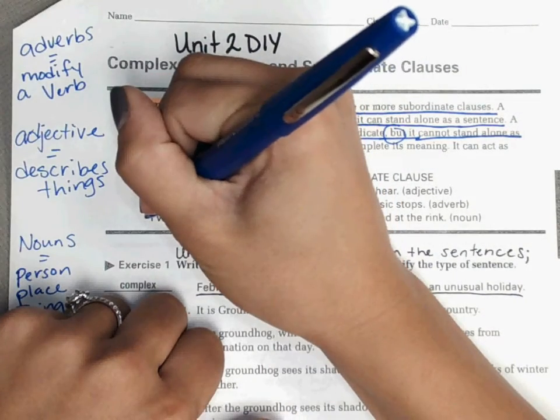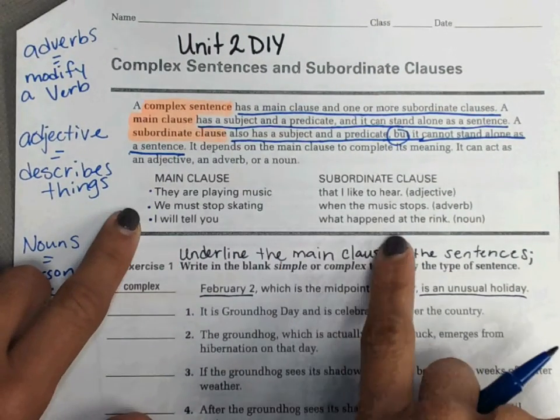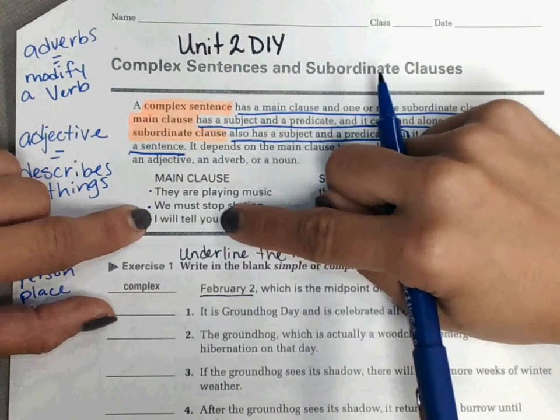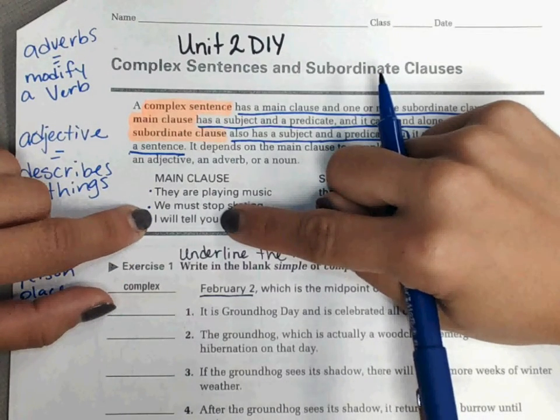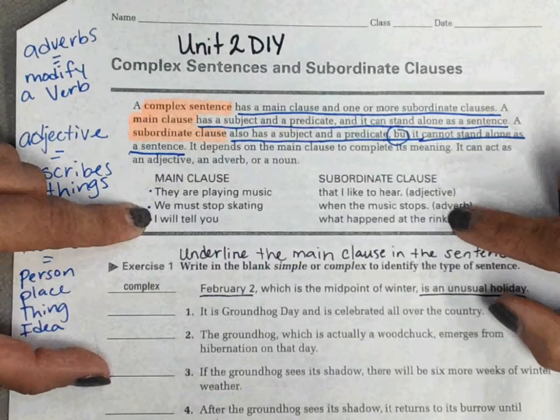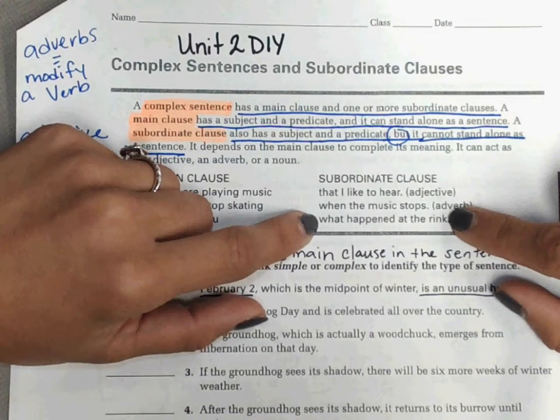Now let's look at our third example. It says, I will tell you what happened at the rink. If we look at this first part, the main clause, it says, I will tell you, and it can stand alone as a simple sentence. If we look at the second half, and only the second half, it says, what happened at the rink?